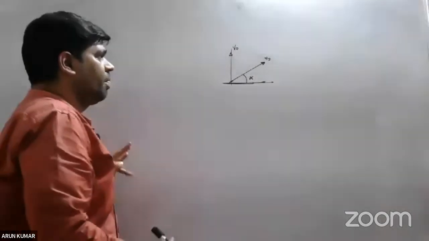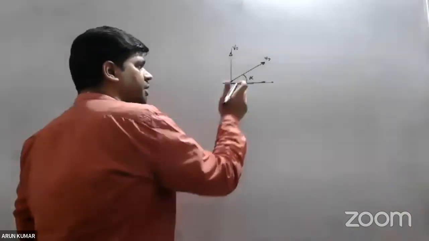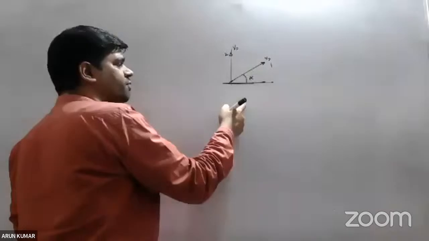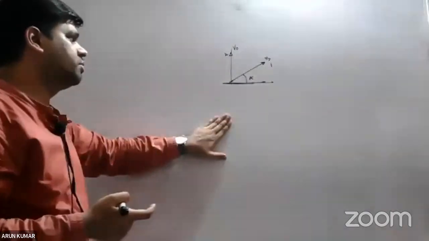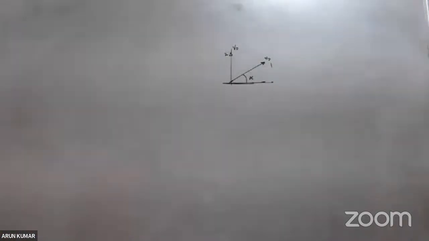How do I find the velocity of 1 with respect to 2? Let's say this is 1 and this is 2. So what should I do? Should I do 2 with respect to 1 or 1 with respect to 2? As per your choice, I'll do it. 2 with respect to 1, sir. He's just asking for separation.